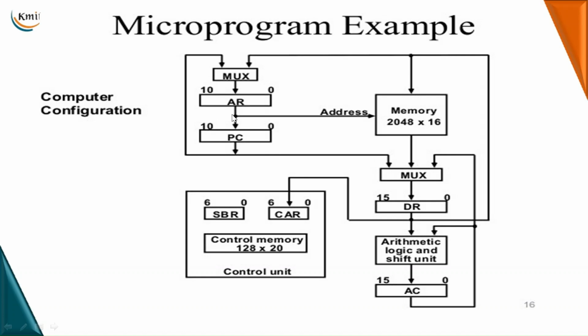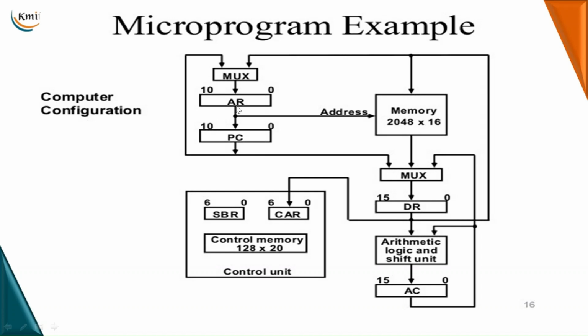If you look at the data flow between the registers, the data register can get information in three ways. It can get the information from the address register, from the memory, and from the accumulator. Through these three inputs, the information can be loaded into the data register.